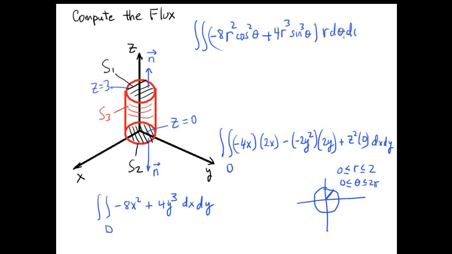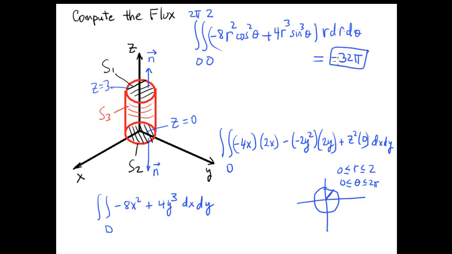R varies from 0 to 2 and theta varies from 0 to pi. It's very important, the order: r first, theta second. This is a complicated integral. We solve it in decimals, and the answer is minus 32 pi.